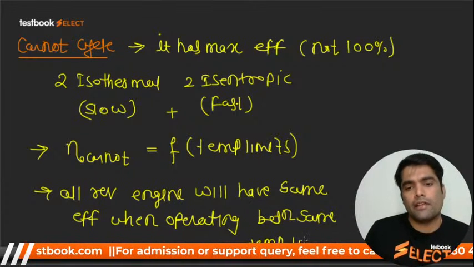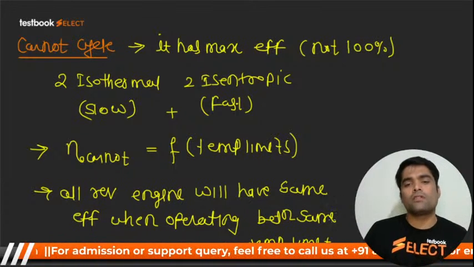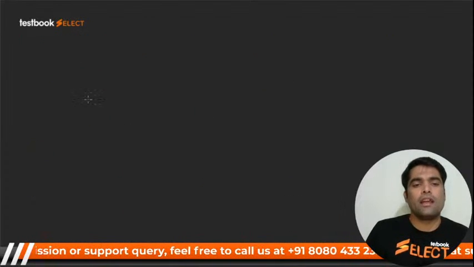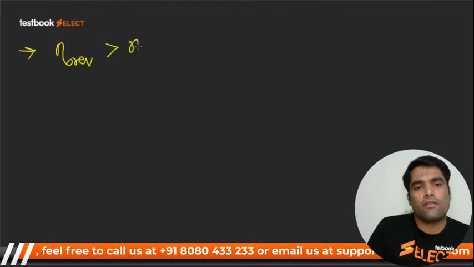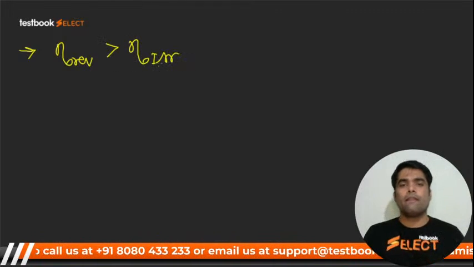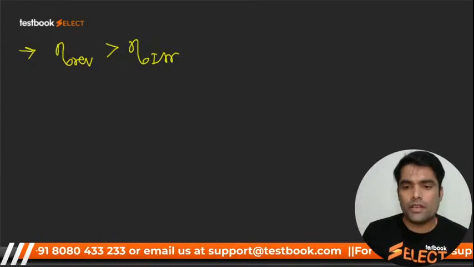You have to keep that in mind, my dear. I know the handwriting is a bit off, but it's a revision. And remember one thing, eta of reversible is always greater than eta of irreversible. Okay, I hope it's clear to you.